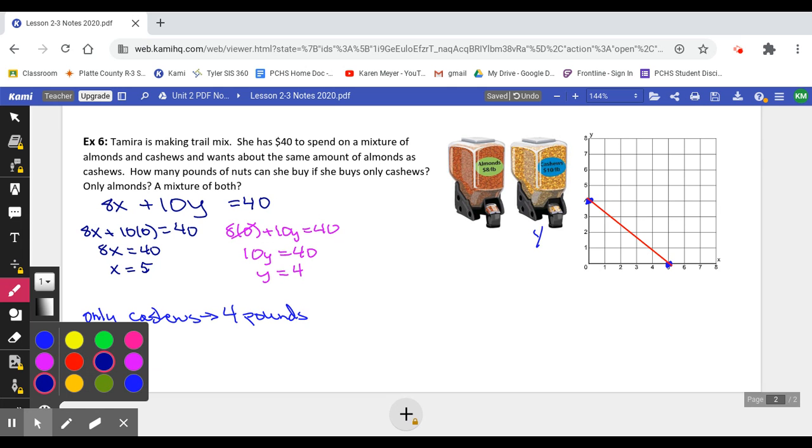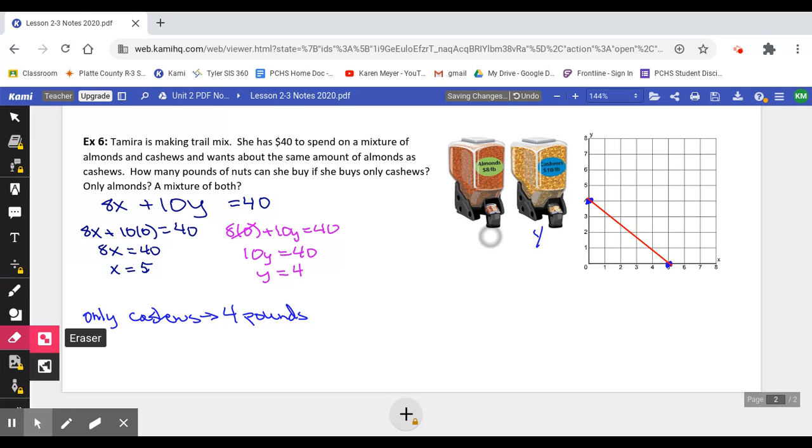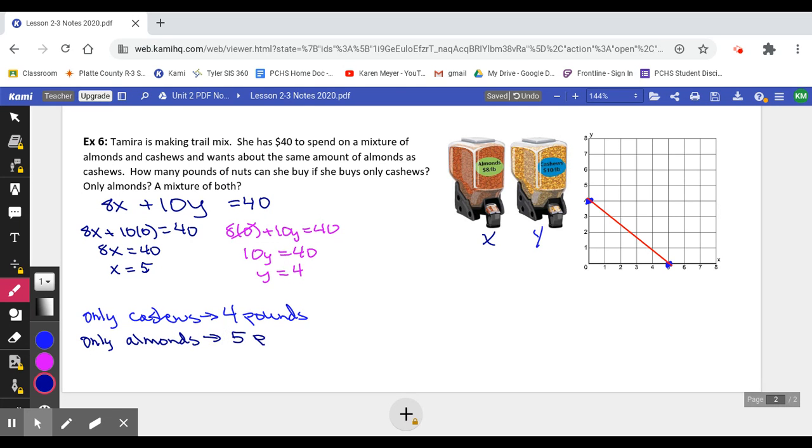Okay, what if it's only almonds? Well, remember, we called almonds the x numbers. So then I'd look up here and I'd say, okay, well, my x-intercept was 5. So if it's only almonds, then that would be 5 pounds.